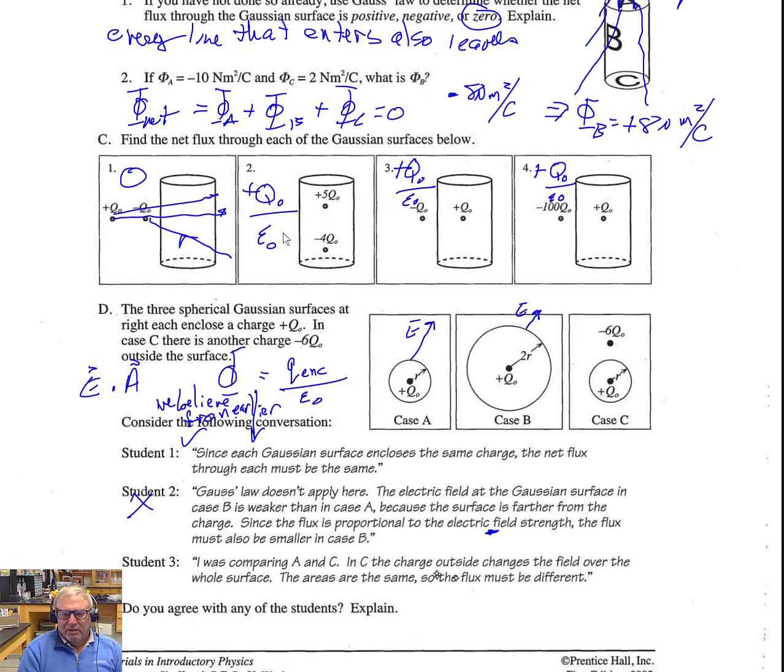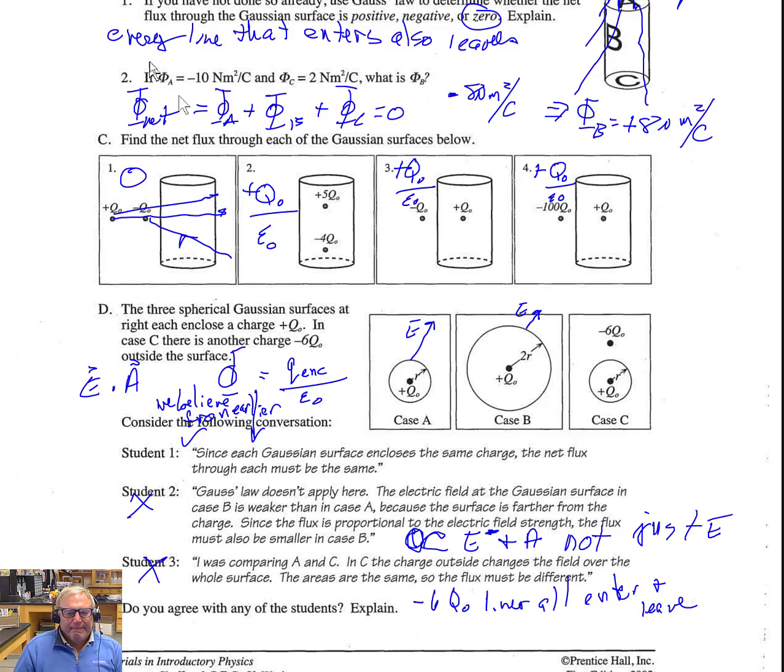So the flux is not different. That's because the minus 6Q lines all enter and leave. And this is because it's proportional to E and A, not just A, not just E. Okay.